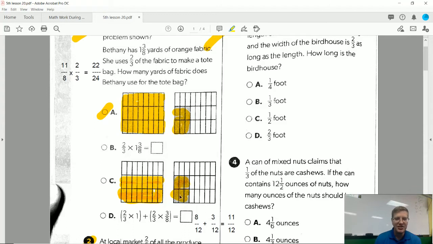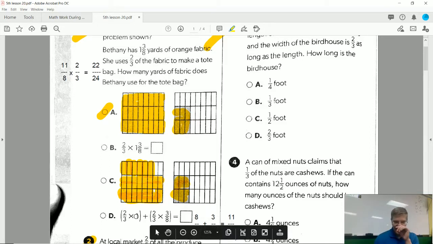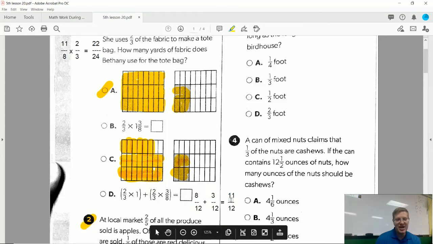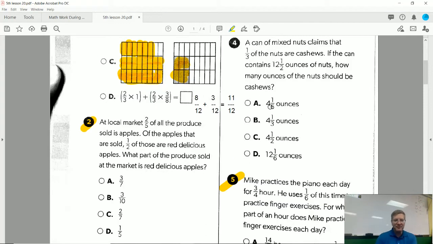If I were to take these 6 parts and move them over here, I would end up with 2 parts left over, which would be 22 parts out of 24, so this one would be correct. And I was skeptical about this one first, and then I worked it out and it's like, oh, that actually comes out to 11/12. So yeah, the one that is not correct would be letter A.